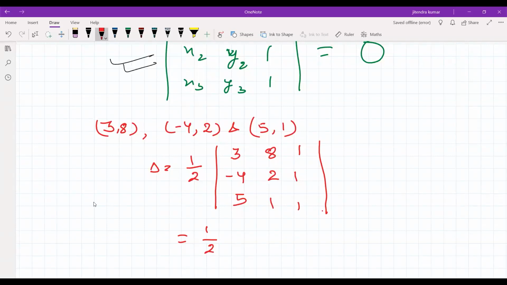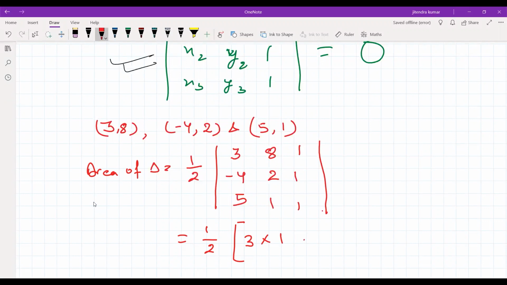So this area of triangle will be equal to, if we expand it, 3 into (2 minus 1), that is 1.